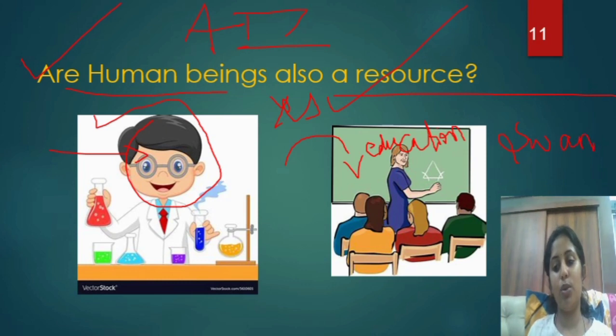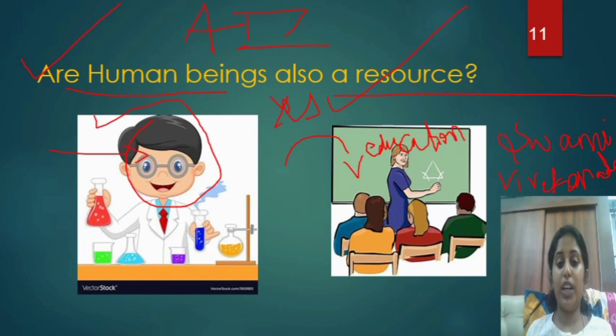Swami Vivekananda has told us that without education, a person may be a crorepati, or he may have a luxurious life, but if he doesn't know how to read or write, he's incomplete. So education plays an important role in inventing all these, my dear students.